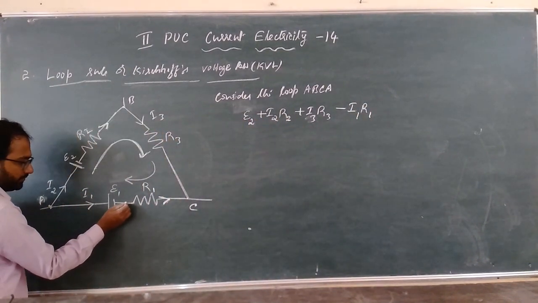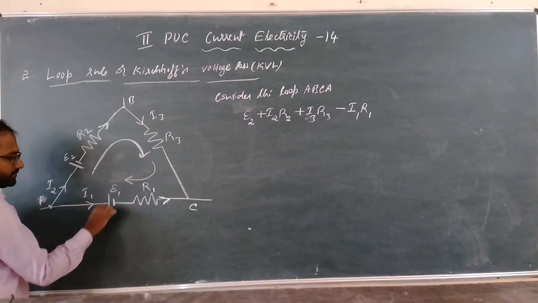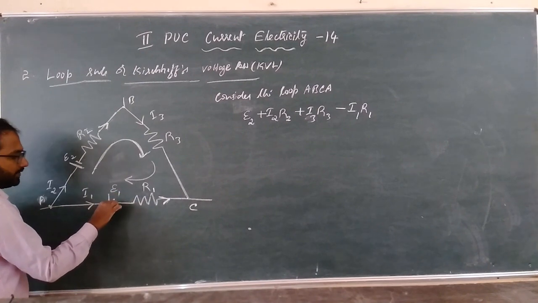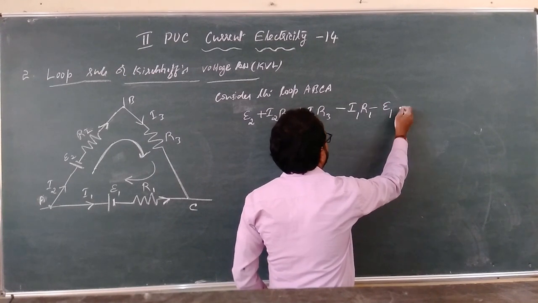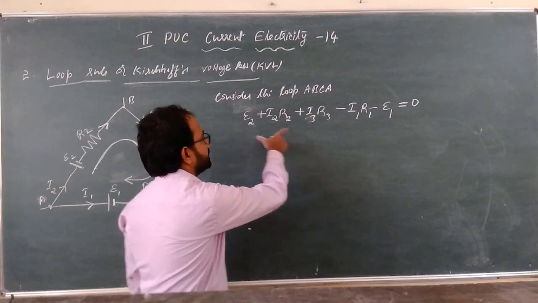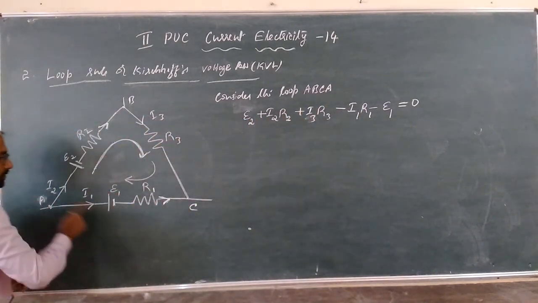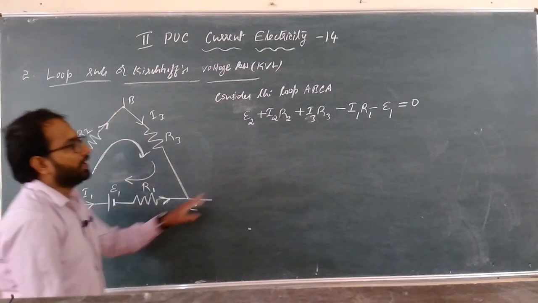We reached now here. So we get the negative electrode first, then the positive electrode. So what about the EMF? Since we got the negative electrode first, the EMF is negative, minus E1. That should be equated to 0, because the algebraic sum of changes in potential around a closed loop containing resistors and cells in an electrical network is 0.